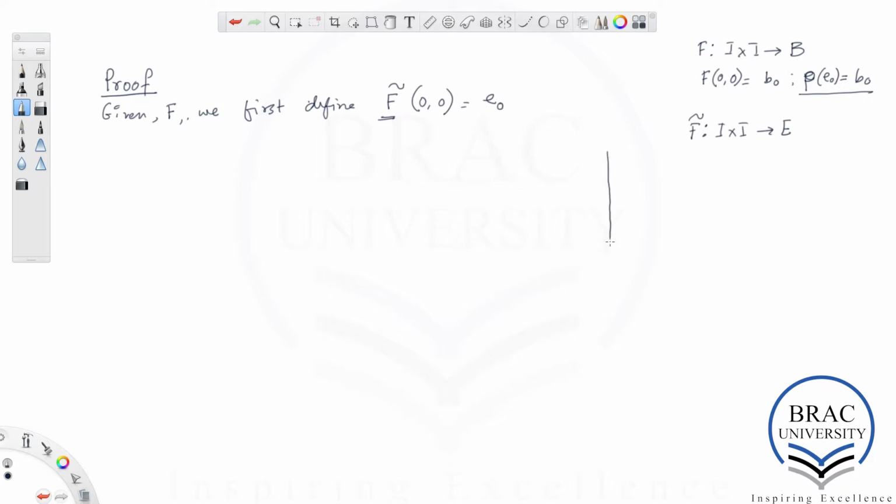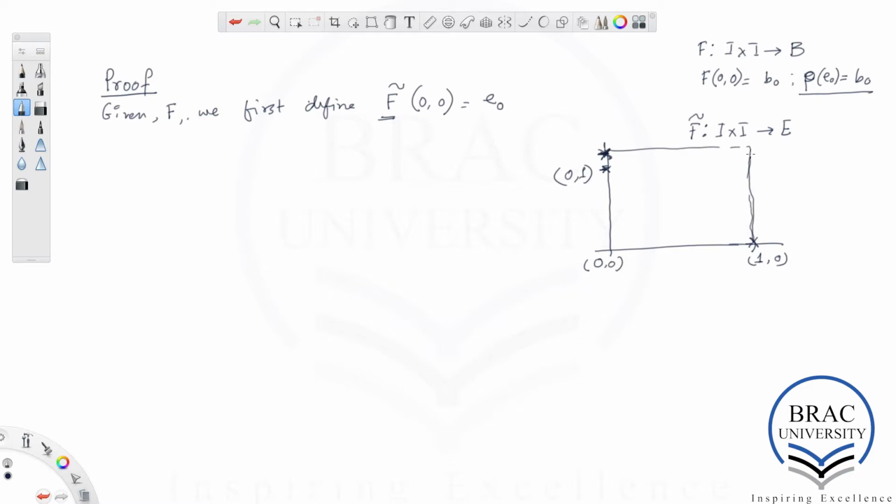So remember I cross I: this is (0, 0), this is (1, 0), and here is the point (0, 1), which should be a little higher up here.